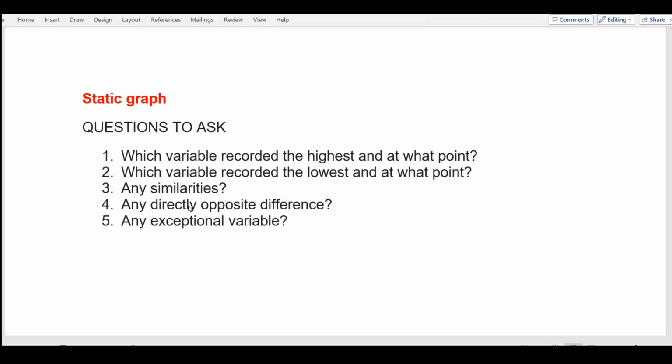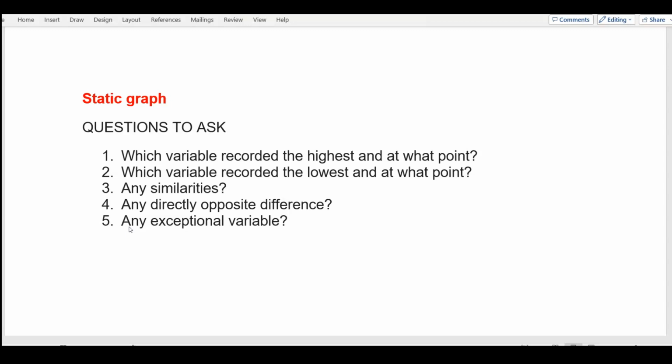Okay, when you compare them, you find out that there is a clear difference between them. Sometimes it might reflect within the question, and when it comes there, you'll be able to find them easily. And then the last question is, are there any exceptional variables? Sometimes some of the variables might not even record anything at all, or there might be a very exceptional thing about it. So you can use those answers to help you to get the features that you need.